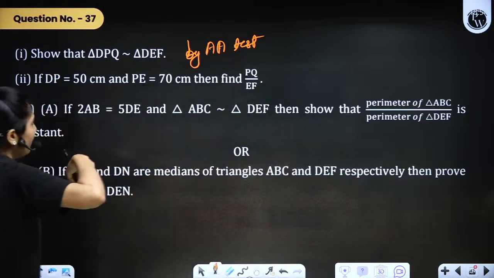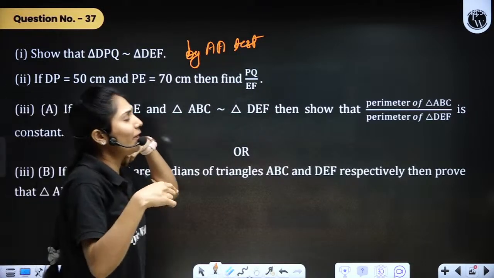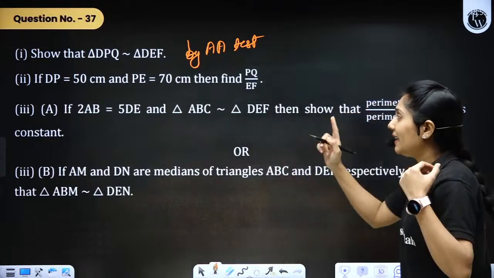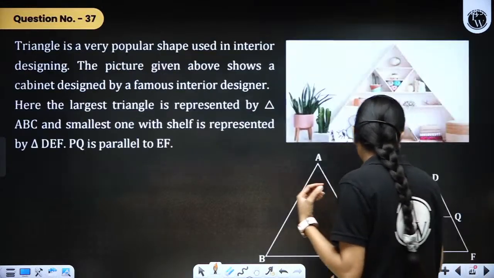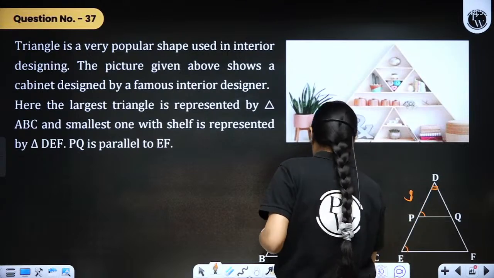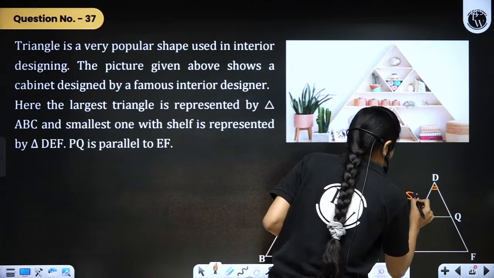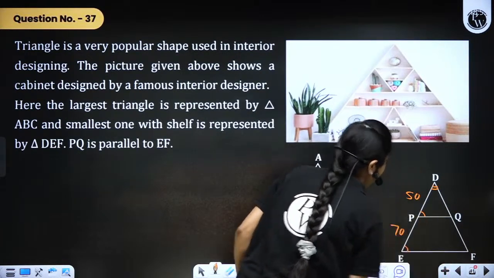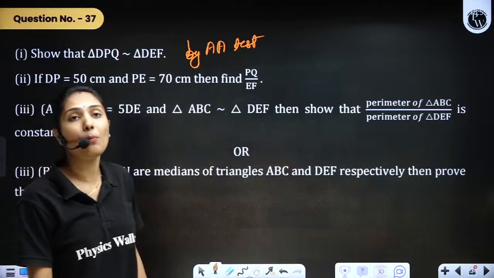DP is 50, PE is 70. What we have to find is PQ upon EF.